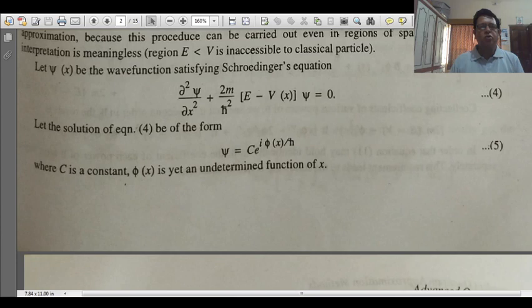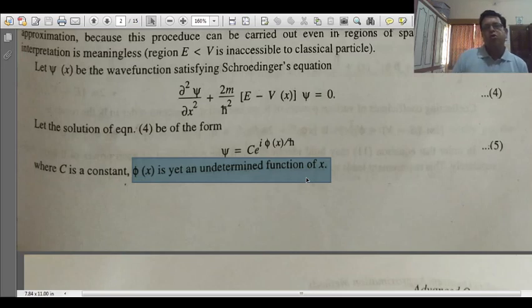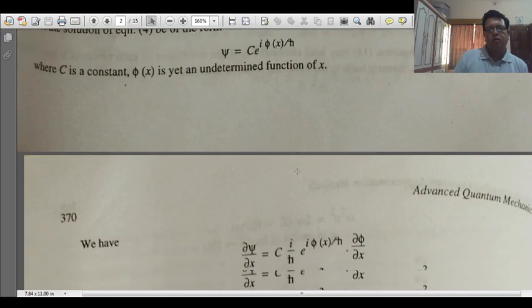Here c is a constant and phi(x) is a yet undetermined function. To solve such problems, we should determine some function for phi(x).